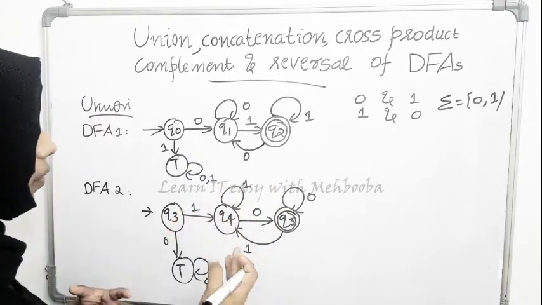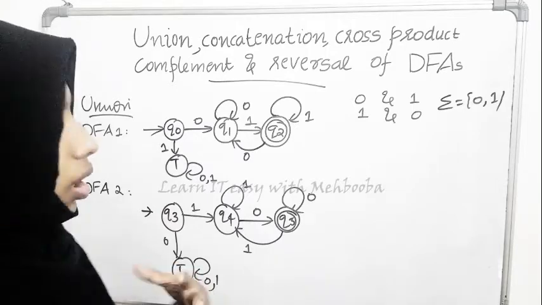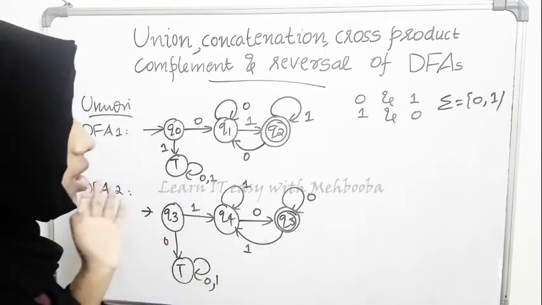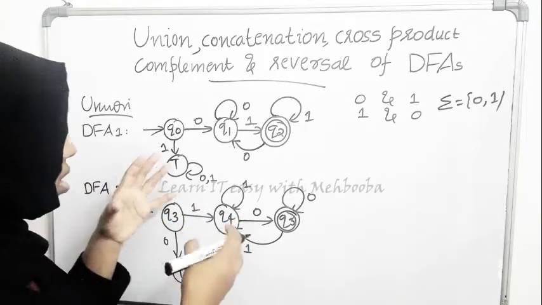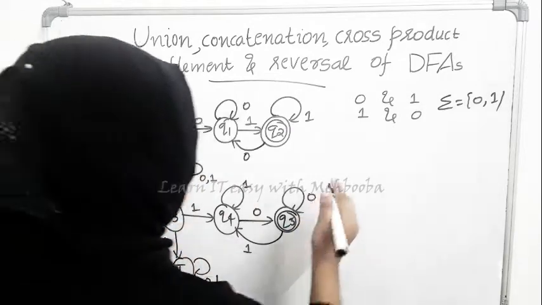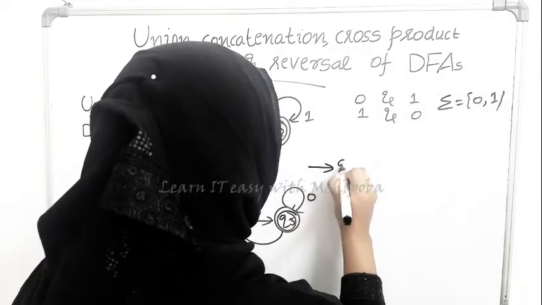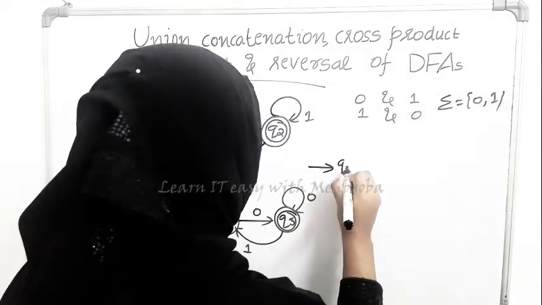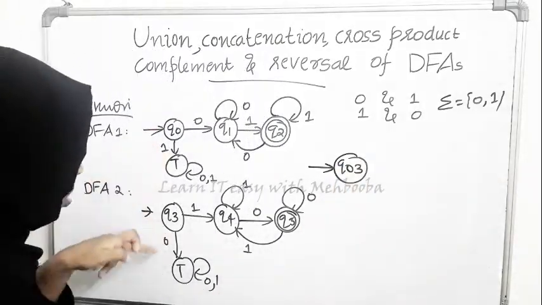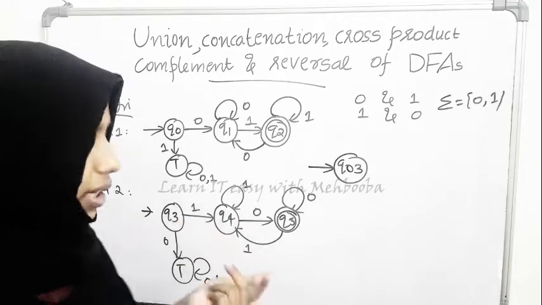Now when we say union, we have to combine the start states. We have to merge the start states together. That is union, because that means you can take either this path or this path, isn't it? So I am merging the start states and giving the start state the name Q03, so that you can easily understand that these two states have been merged for the final DFA.